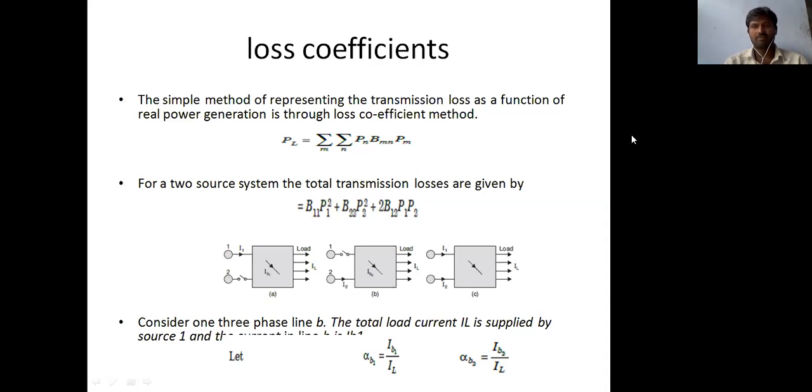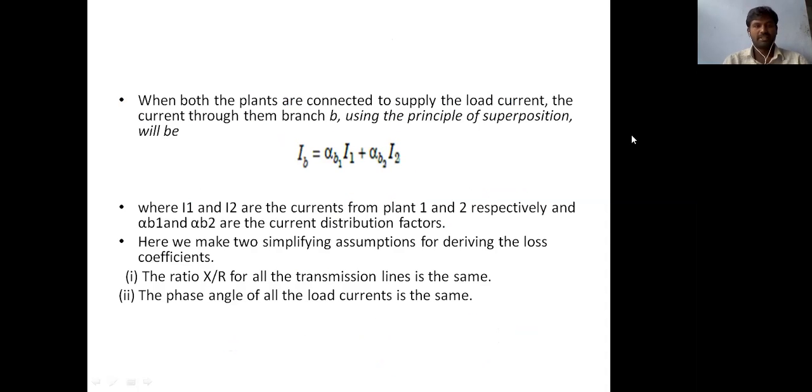Alpha B1 and alpha B2 are the current distribution factors. Now, when both plants are connected to supply the load current, the current through branch B is found using the superposition theorem.